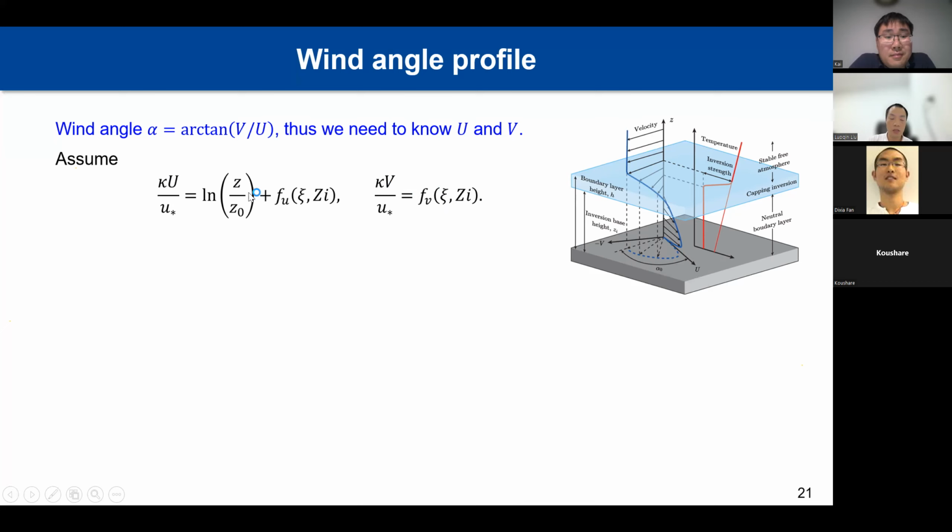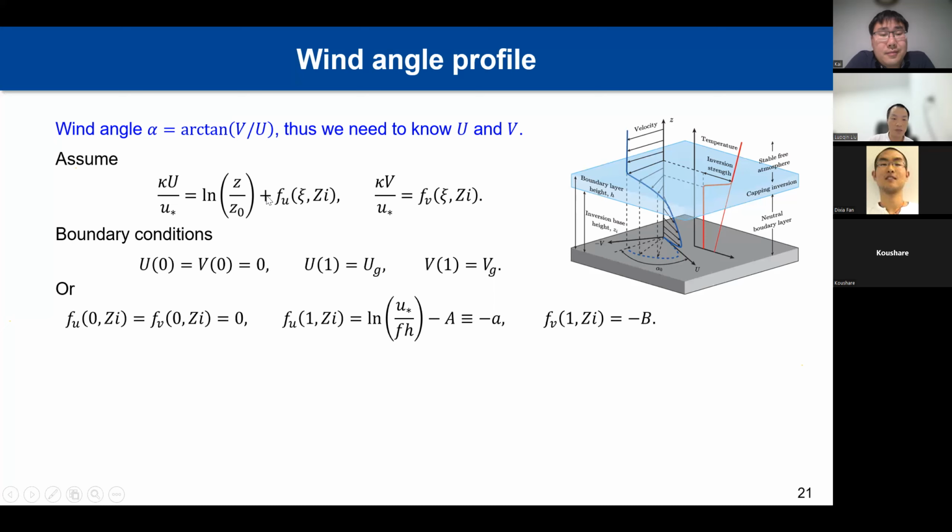For U, there are two terms. The first term is a log term, and the second term is F_U. For V, there's only one term, F_V, and we assume F_U and F_V are regular functions. By regular, I mean that when the coordinate tends to 0, F_U and F_V tend to a finite value, not infinity.